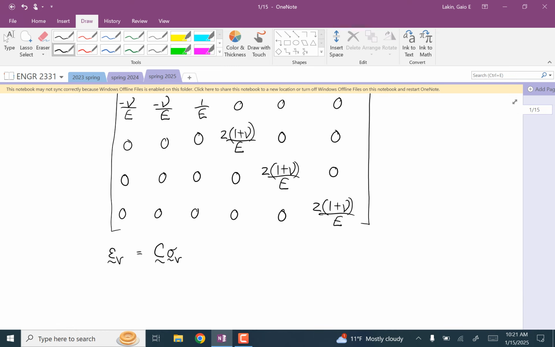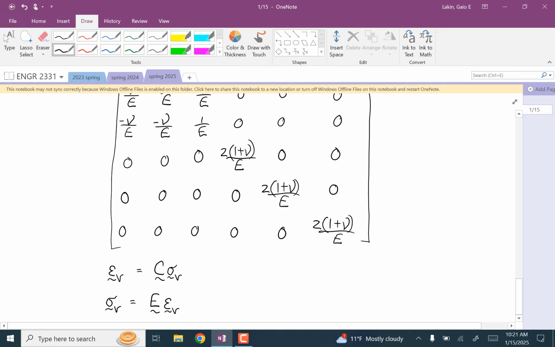And because of their inverse relationships, the Voigt form of the stress is equal to the stiffness matrix times the Voigt form of the strain. So in this class, always, if you know the strain or you know the stress, you can calculate the other one. These are material properties that represent a certain material.